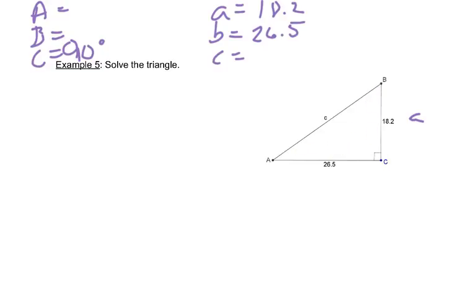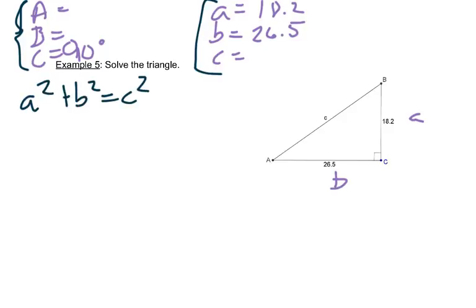Okay, so now I can find side C, because I have two of those pieces. You should start with the place that has 2 out of the 3. Last time in example 4, this had 2 out of the 3 given to us. This time the sides have 2 out of the 3. So we'll use Pythagorean theorem to find the third side.